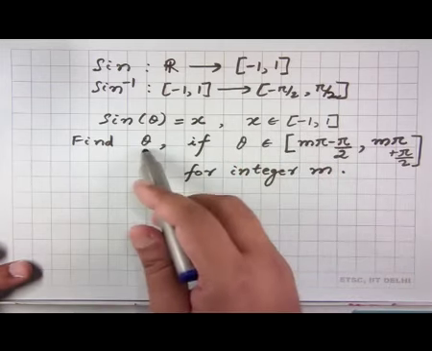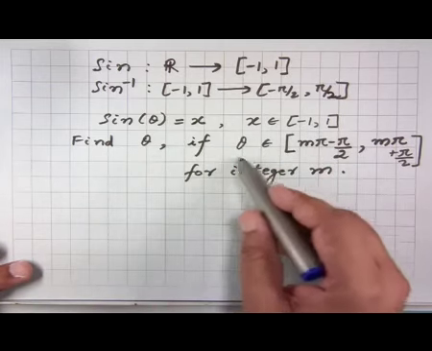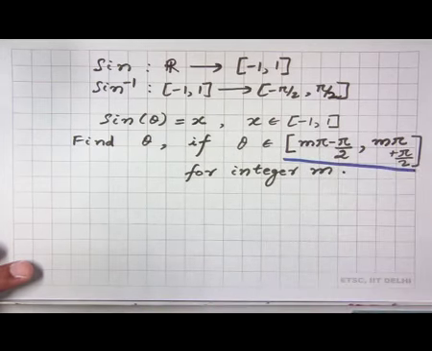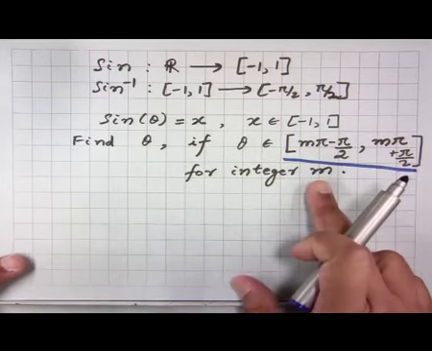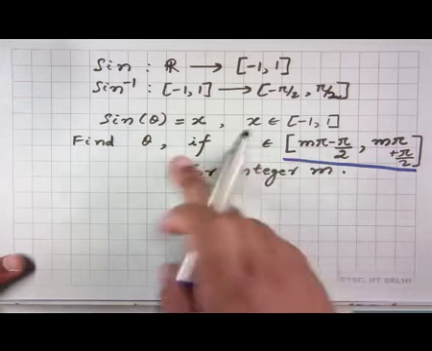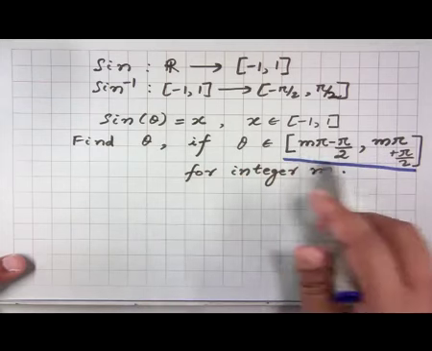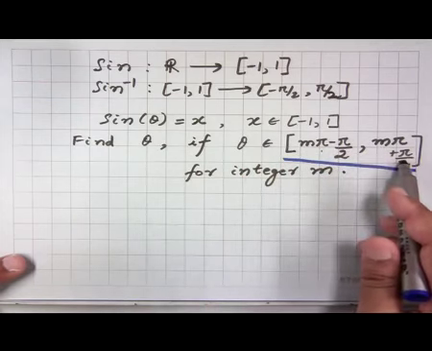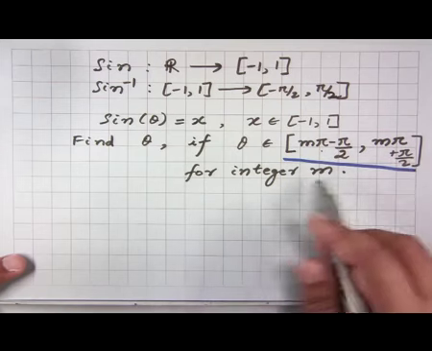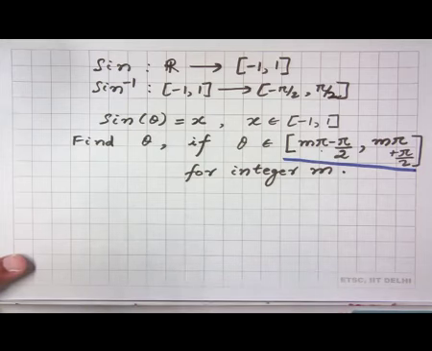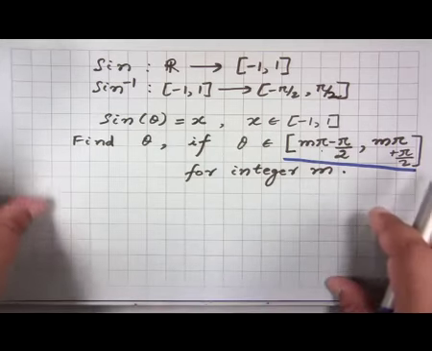But what we are given is that theta belongs to this range, where m is some integer. So, this is what we are asked to find. We are asked to find a theta which belongs to this interval m pi minus π/2 to m pi plus π/2, in such a way that sin theta is equal to x. So, how do we find it?